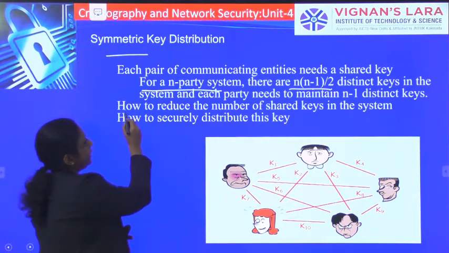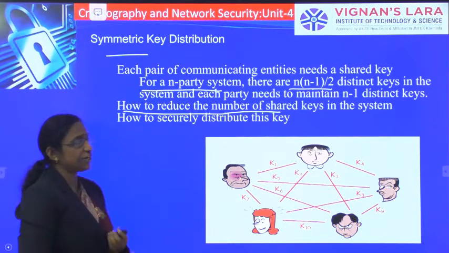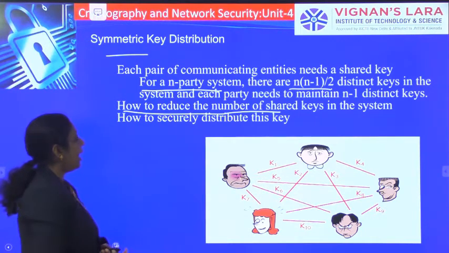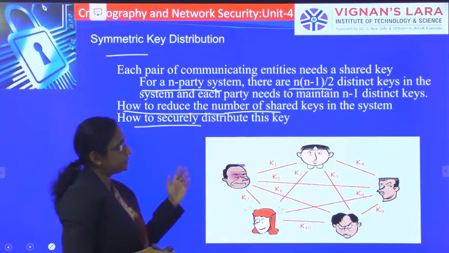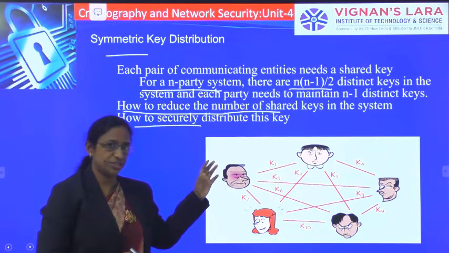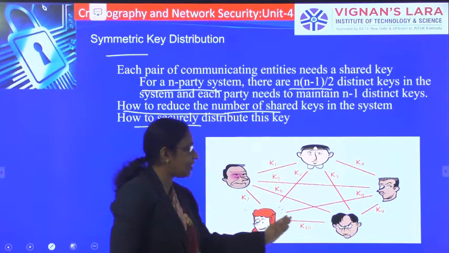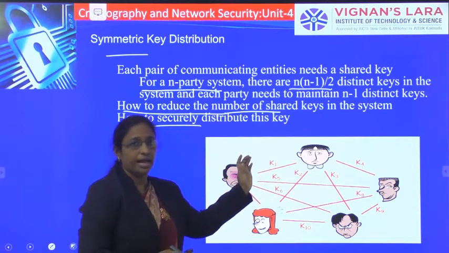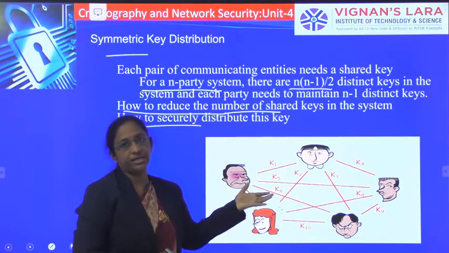So the question is how to reduce the number of shared keys in the system, and how to securely distribute them. Not only sharing, it has to be shared secretly. Sharing this key secretly with all these people, and maintaining that number of secret keys, is a difficult task.